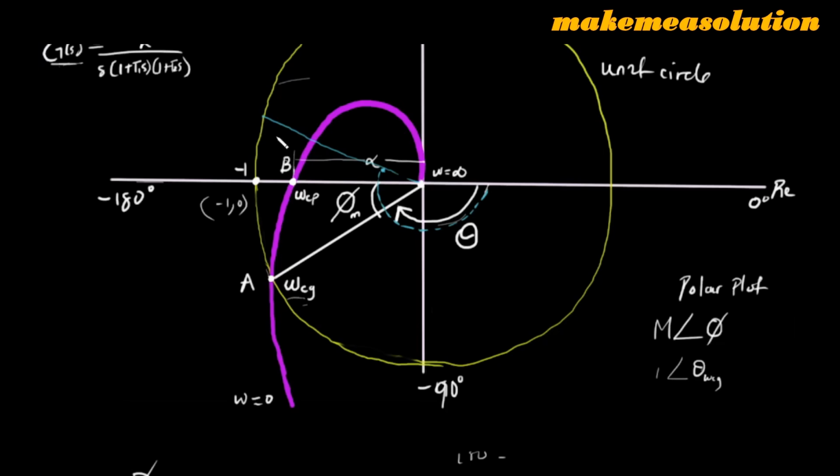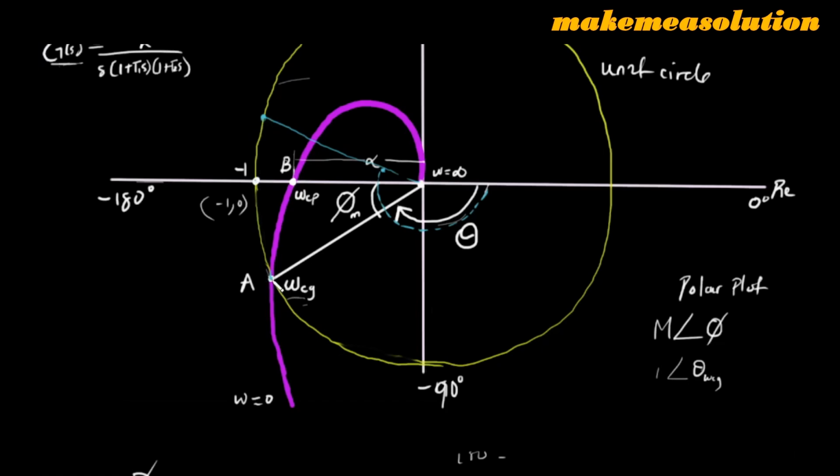And since it is bigger, as you can see now, this point A has actually crossed this minus 1 point, and it has gone up ahead of it. So this is what we want to avoid.